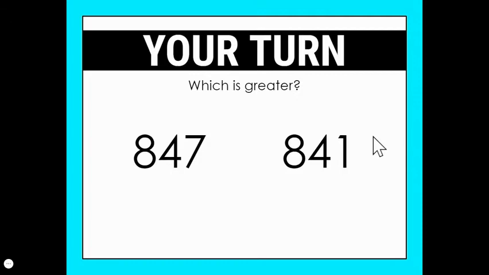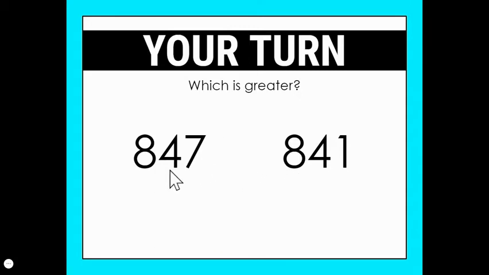Let's try another one. I want you to try this one. You are going to compare 847 to 841. So on your paper, go ahead and write those two numbers. And then you're going to put in the greater than or less than sign. So hopefully you started by looking at the hundreds. This one has 800s. This one has 800s.